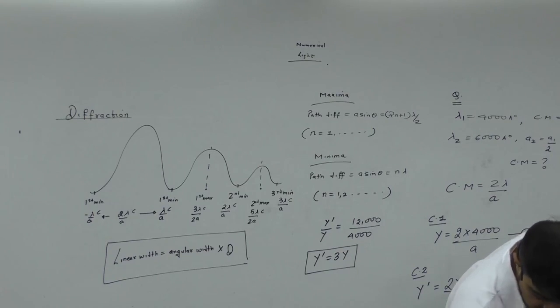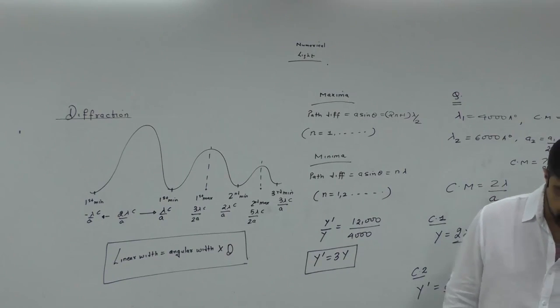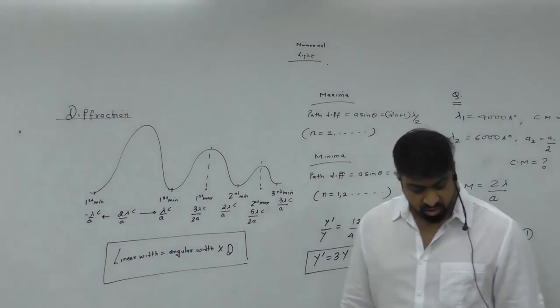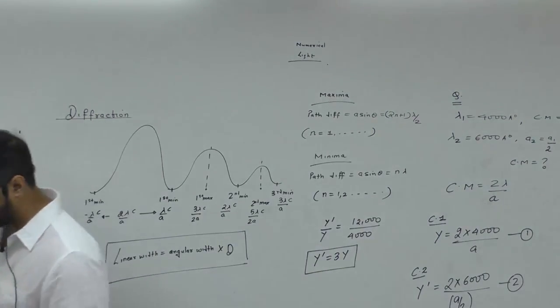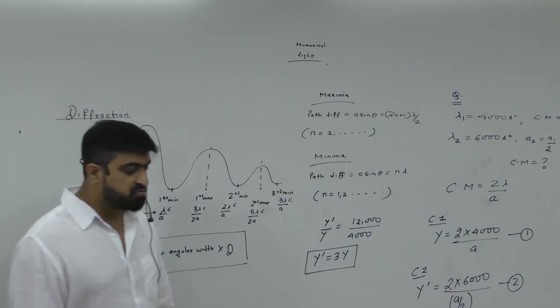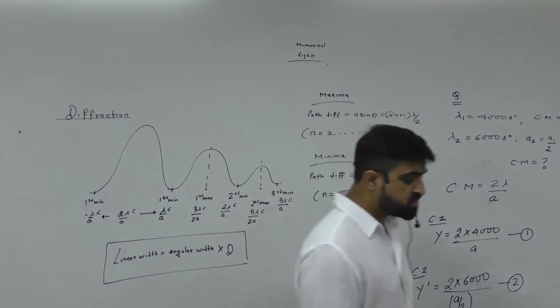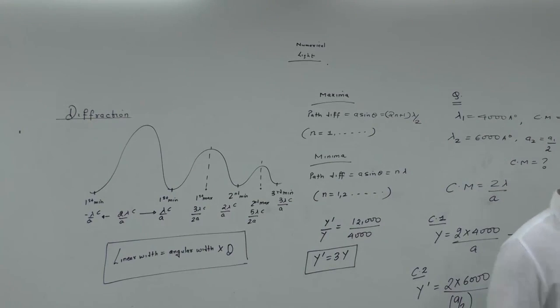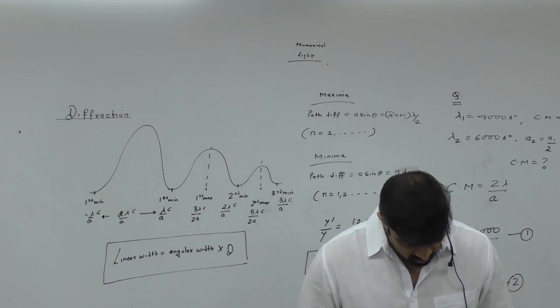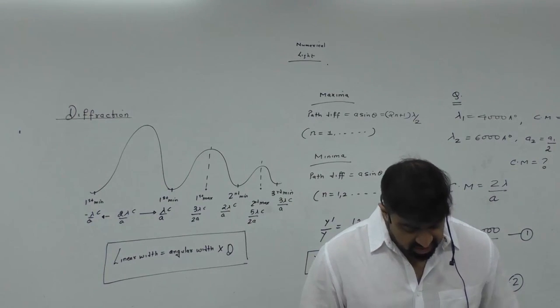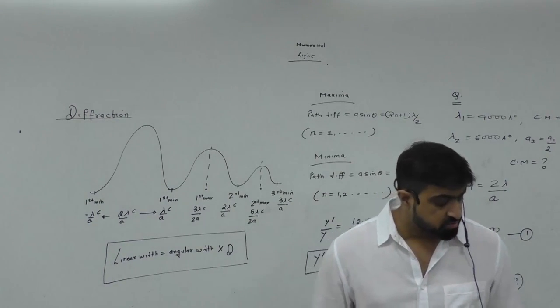Next question, write it down. We will do one last question in this. Two wavelengths, 590 and 595 nanometer. Lambda 1 is 590 nanometer and lambda 2 is 595 nanometer. The size of the slit is 2 micrometer.